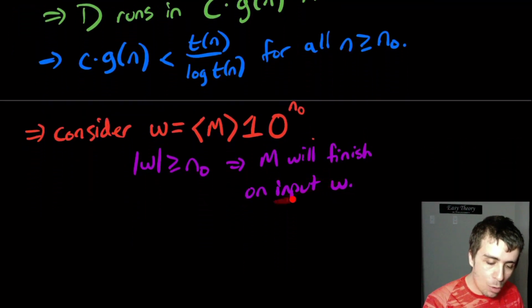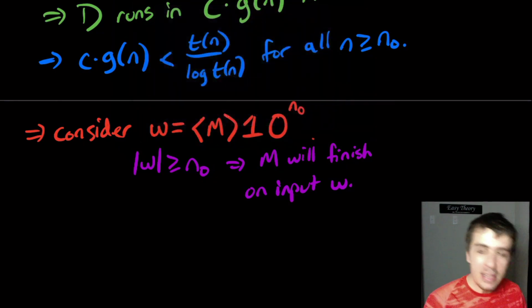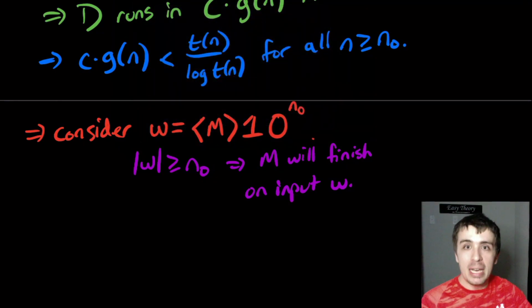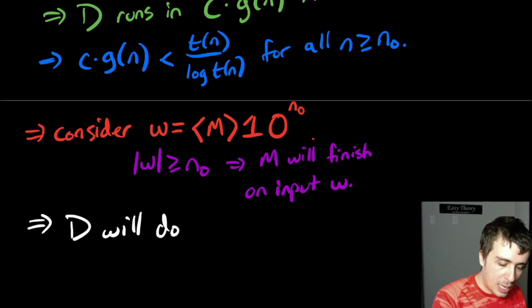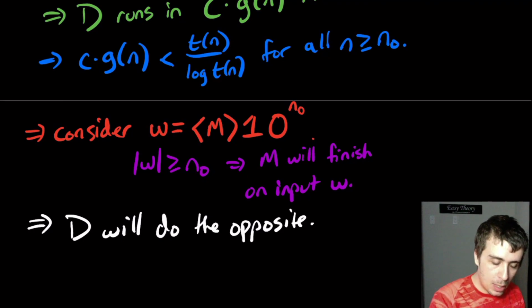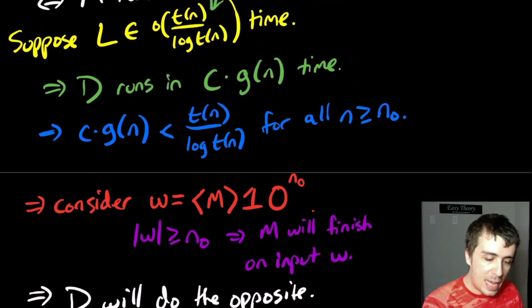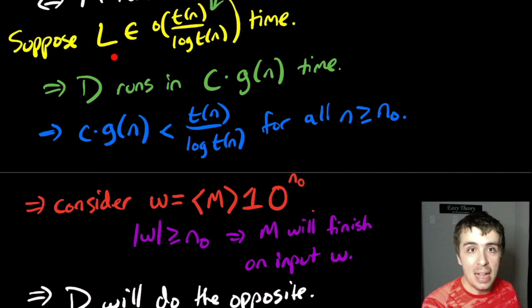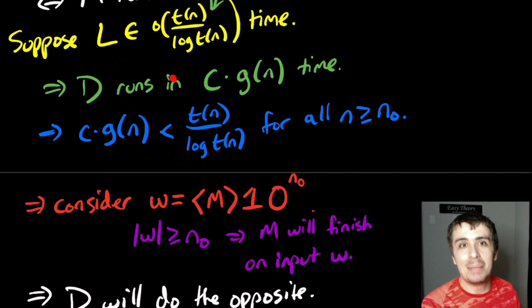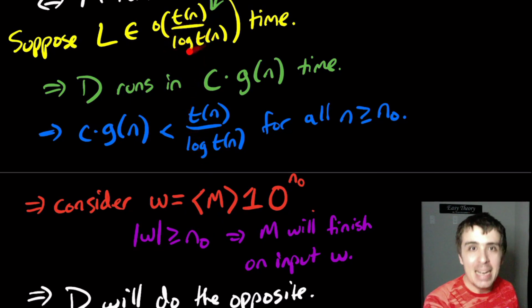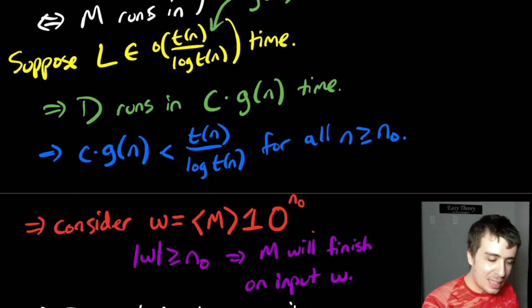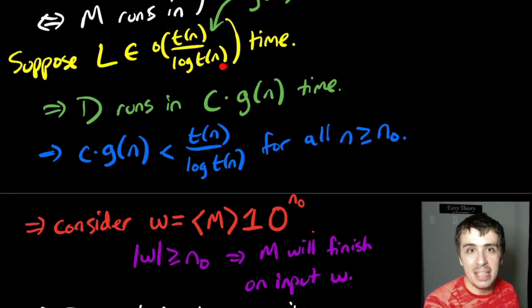So since M will finish on input W, then that means that the machine D will do the opposite, which will contradict the fact that D has language L, since we disagreed with this other machine which ran in that amount of runtime. And so therefore, this language could not have been in this amount of runtime.